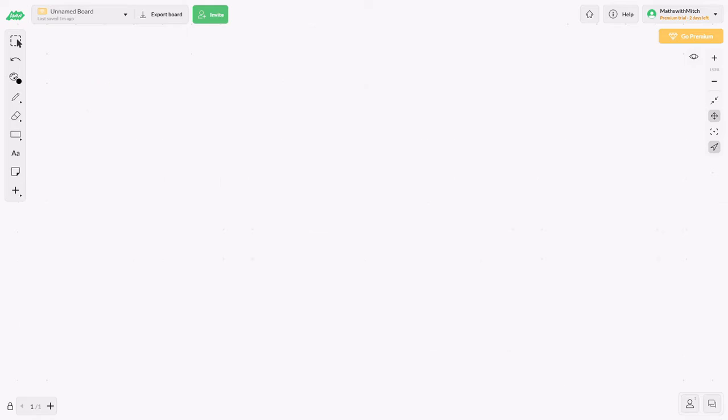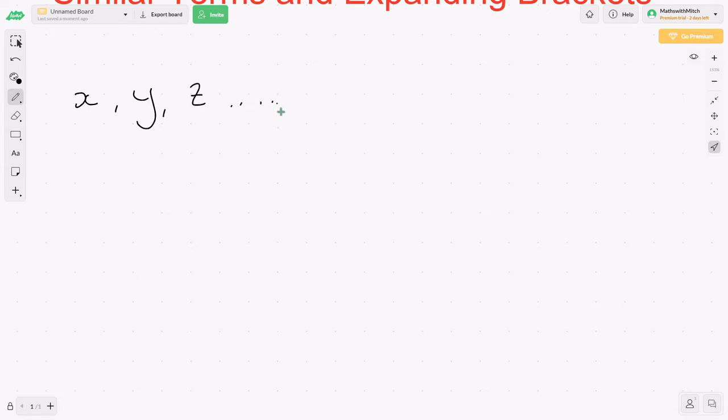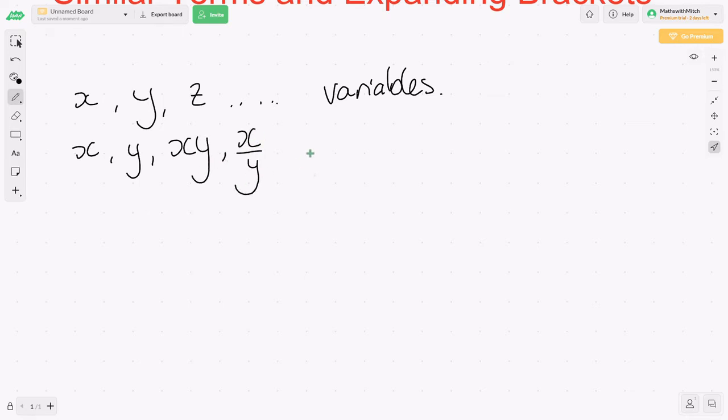So last time, as a refresher, we said X, Y, Z, and all the different letters you may use can be called variables if they're separate, but then when you bring them together as xy or x over y, they then become terms.